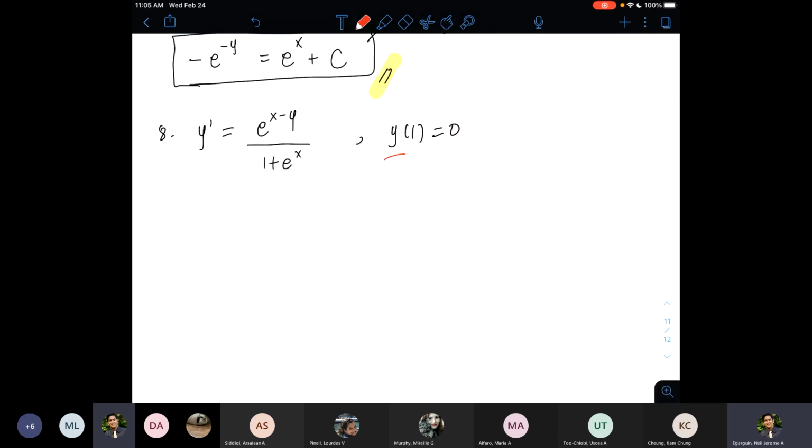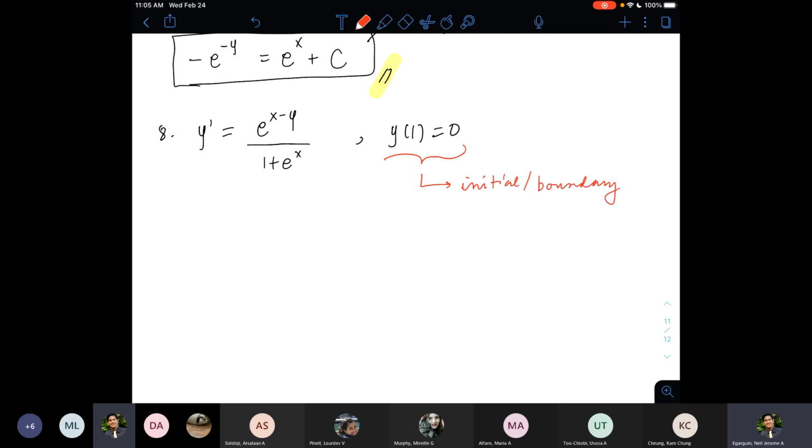By the way, this is what we call the initial condition, or, well, now I'm hesitating to call it an initial condition because it is the value of y when x is equal to 1. So, well, maybe if you look at the starting point to be x equals 1, then we're fine. So this is an initial or boundary condition.